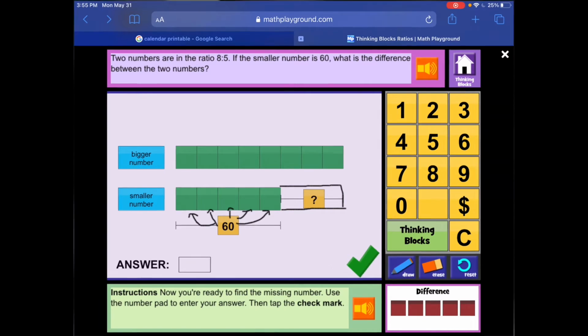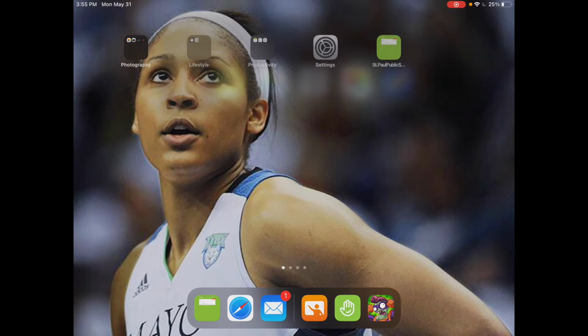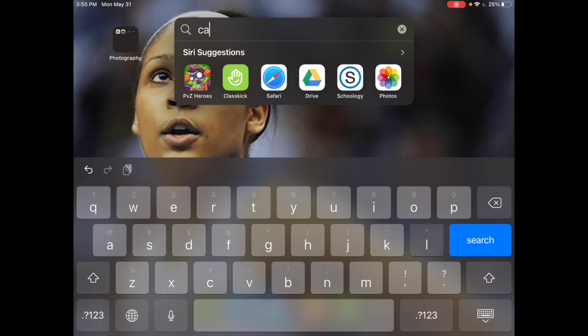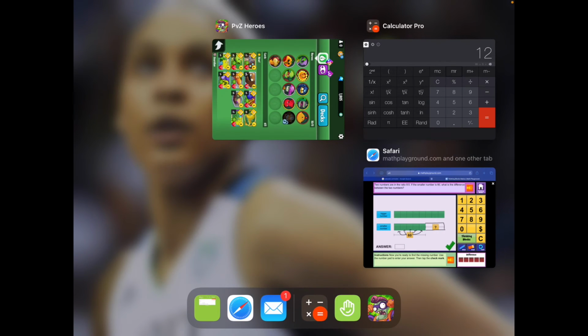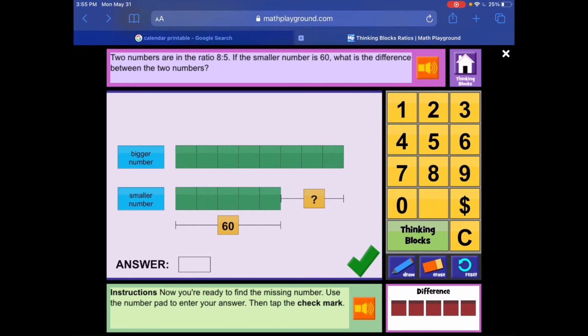So I'm going to grab my calculator. 60 gets split into 5. 60 split into 5 is 12. All right, I'll put that back on here. It got split into 5. So 12 goes in each box.